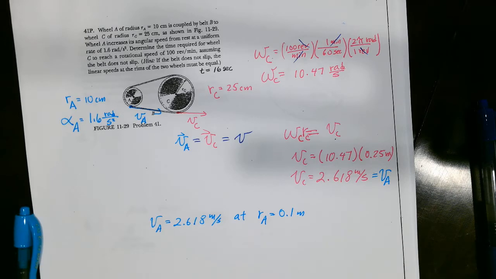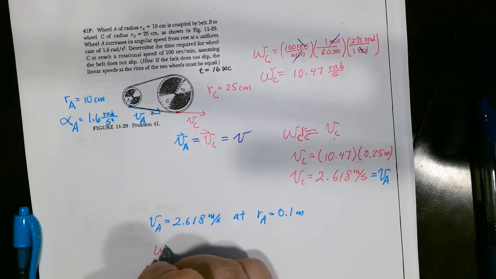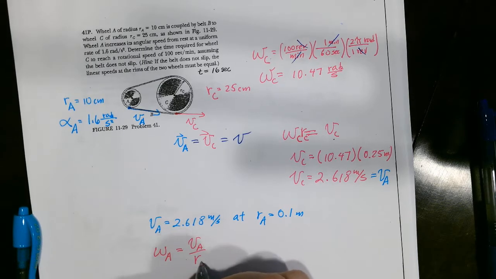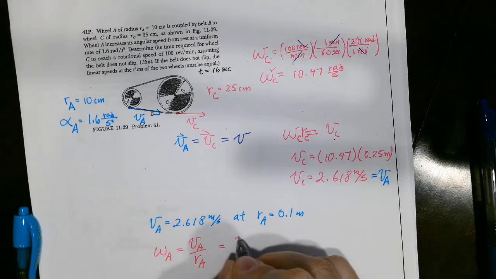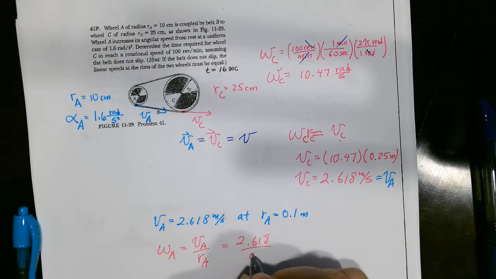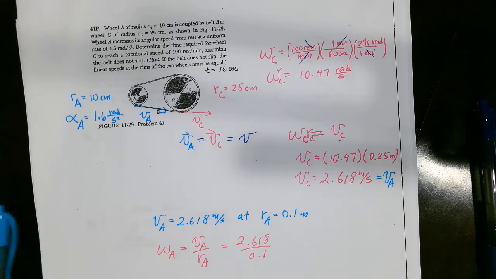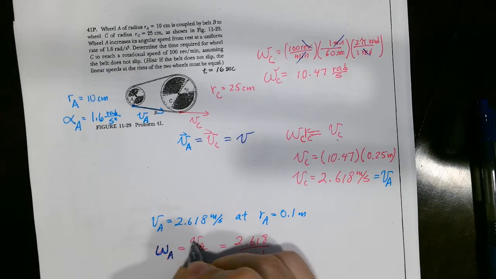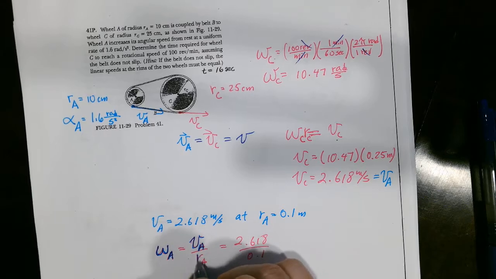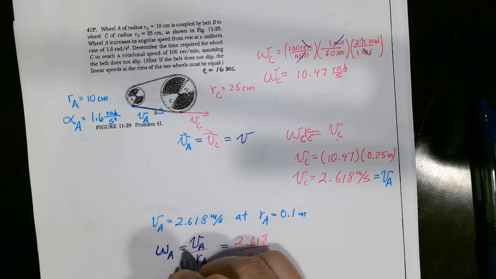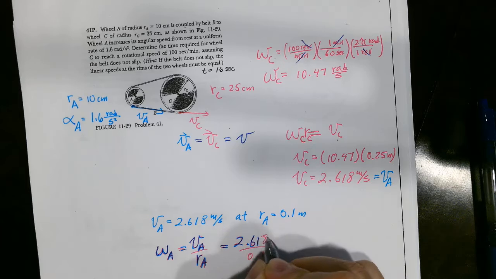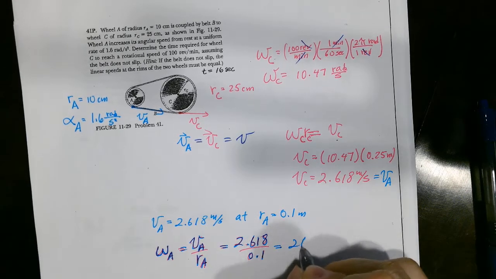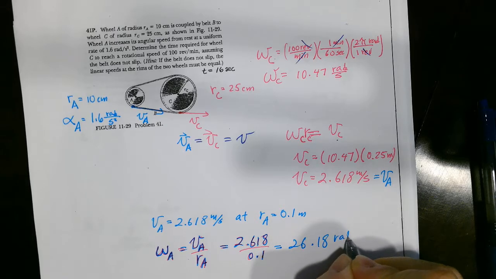So since omega A is equal to VA over RA, which is equal to 2.618 divided by 0.1. Why did I switch my colors? I'm sorry. I didn't mean to switch colors. Right? Therefore, omega A happens to be 26.18 radians per second.